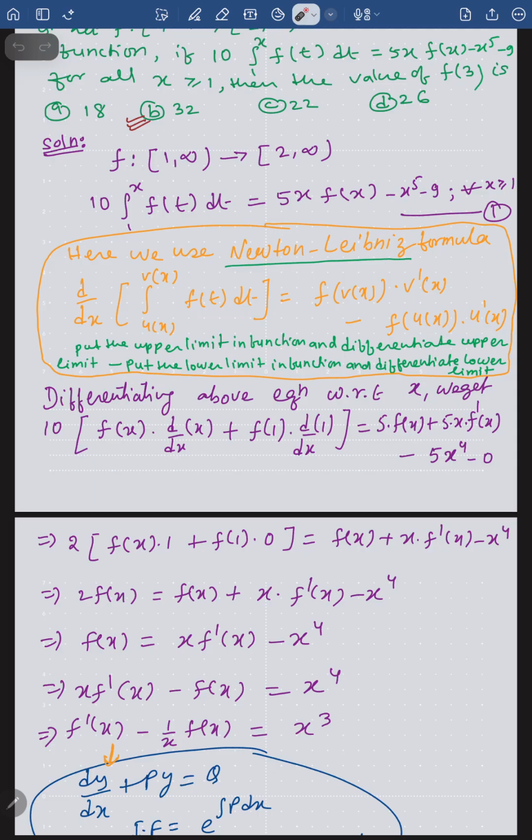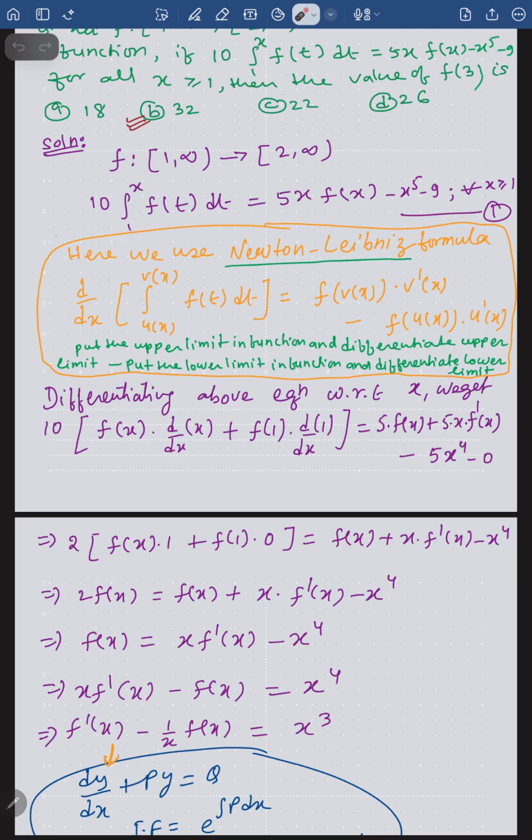Okay, so actually it is like this: put the upper limit in the function and differentiate the upper limit, minus put the lower limit in the function and differentiate the lower limit. So we will use this Newton-Leibniz formula to solve this equation 1. See how we will do.